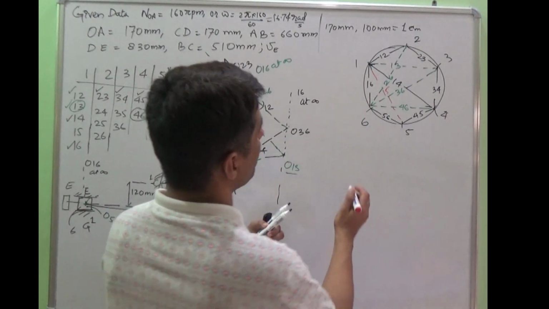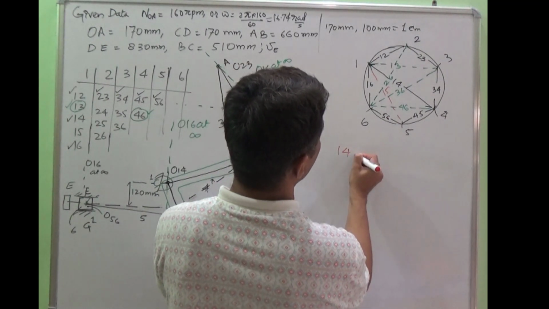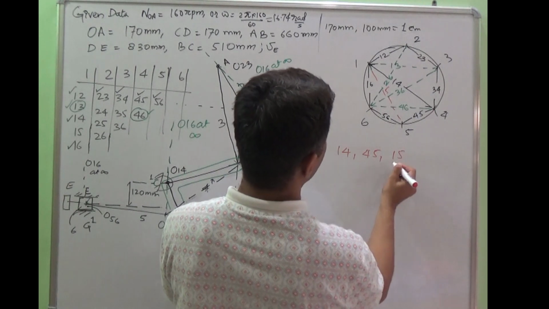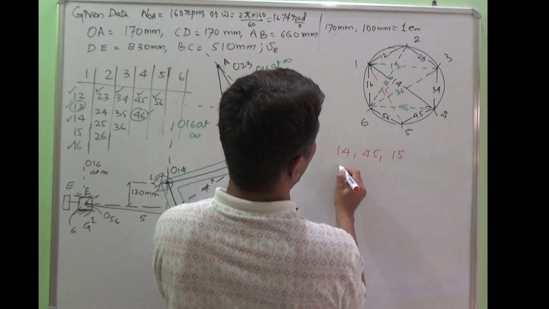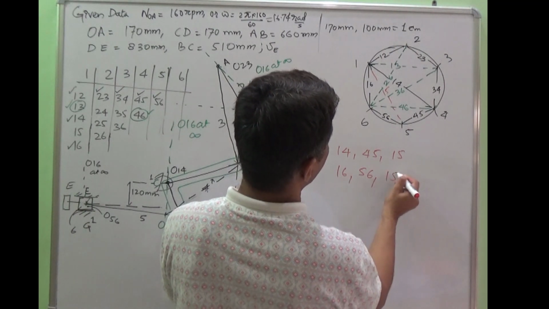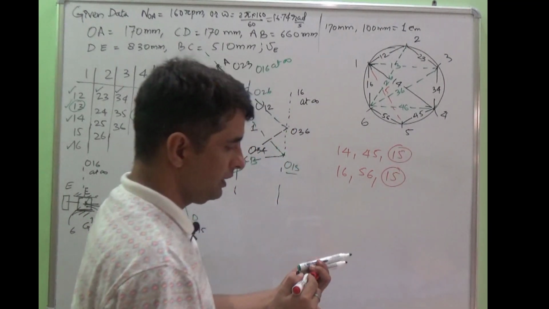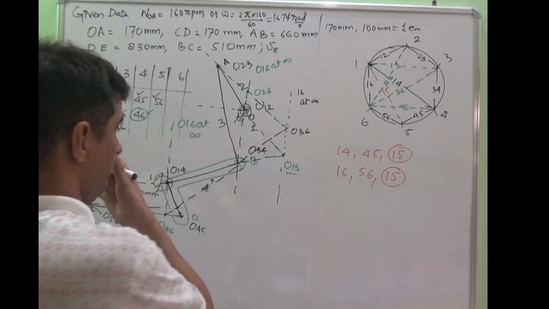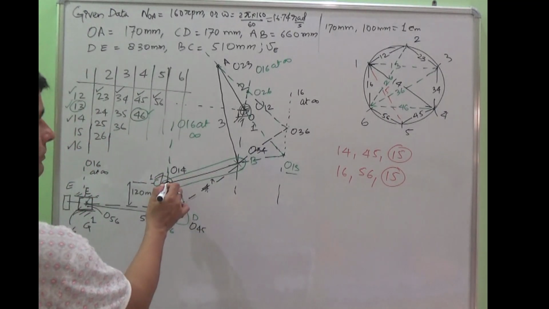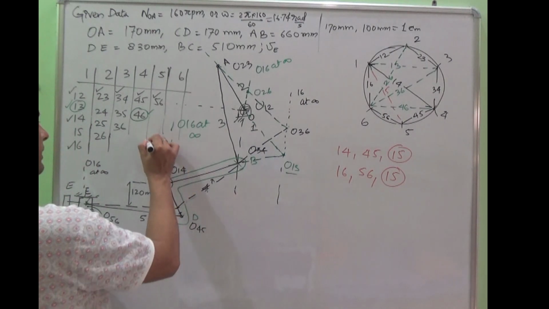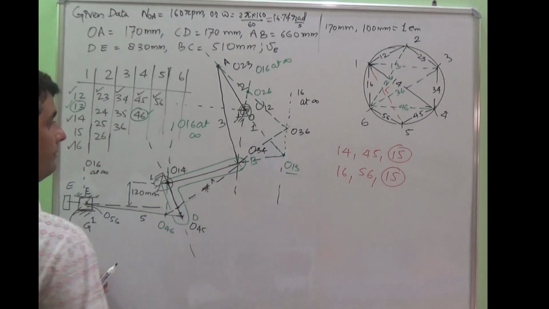One is 1, 4, 4, 5 and 1, 5, and another one is 1, 6, 5, 6 and 1, 5. So 1, 5 is common. Now I can find this I center. O14 is here, O45 is here. So I need to extend this point so I can get O15.